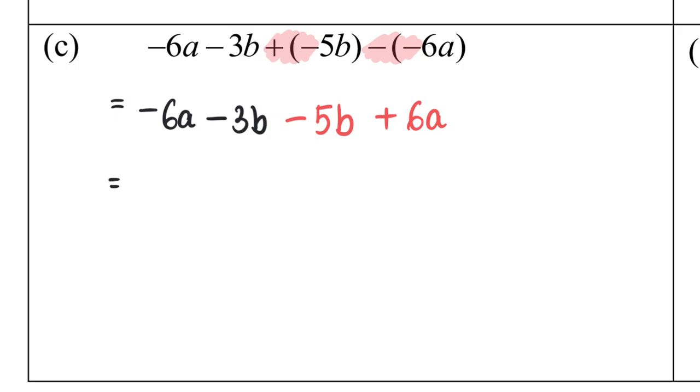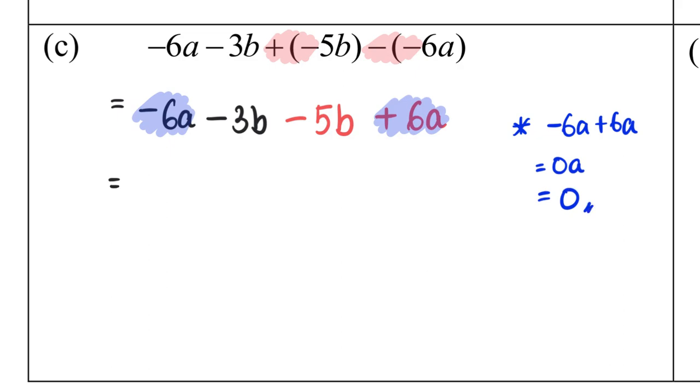Then the next step would be to identify the like terms. And do take note, negative 6a plus 6a. So at the side here, this is something to take note. Negative 6a plus 6a is actually equal to 0a, which is equal to 0.